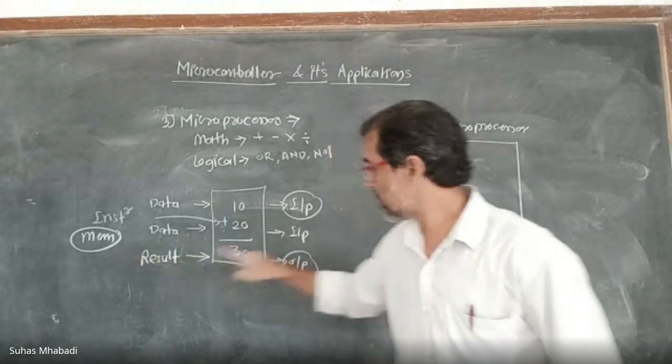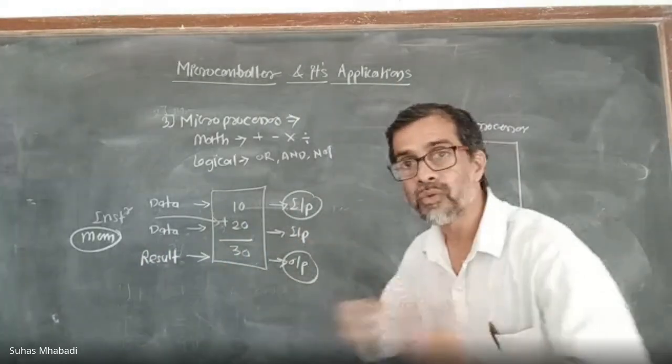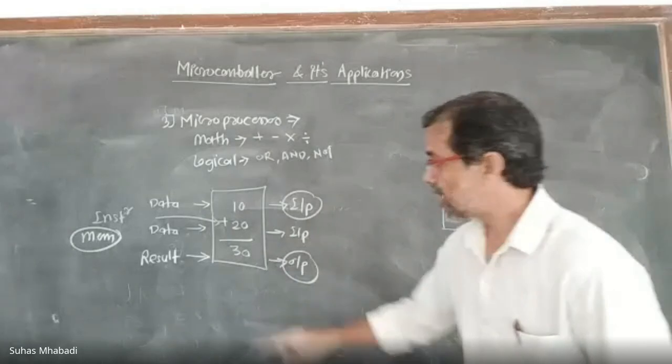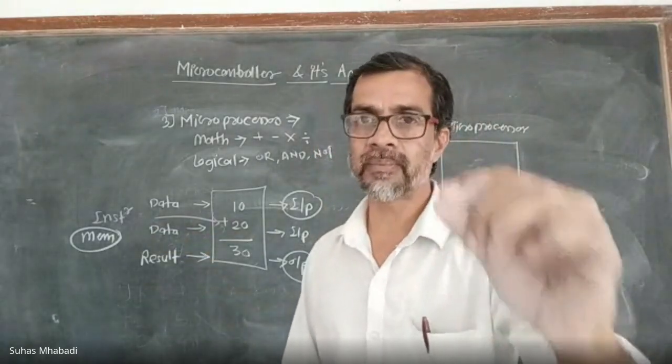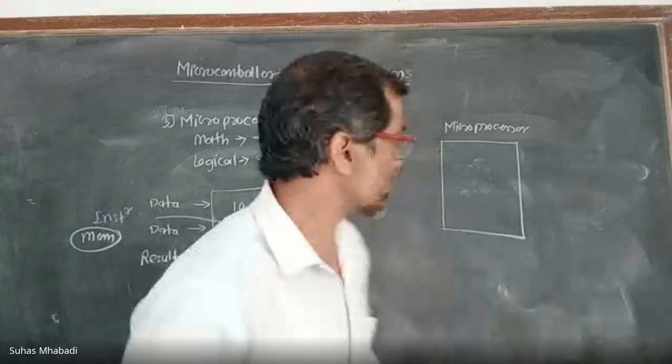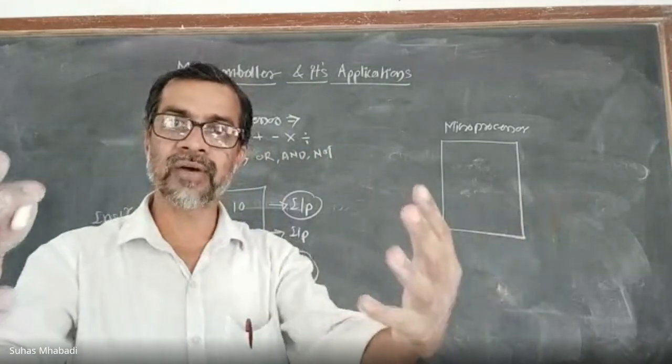For what? Input to accept the data, output to display the result, and memory to accept the instruction, addition, subtraction, and so on. So this will not work alone. It has to be accompanied by peripheral devices.